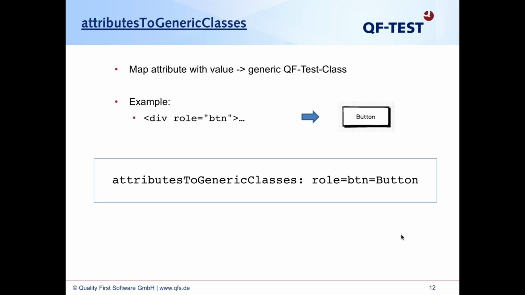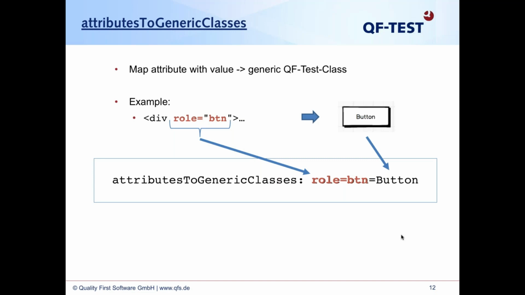And we want to say, okay, we want a button, so in the end it's again the generic class button. In the front, we now say the attribute role should have the value btn.